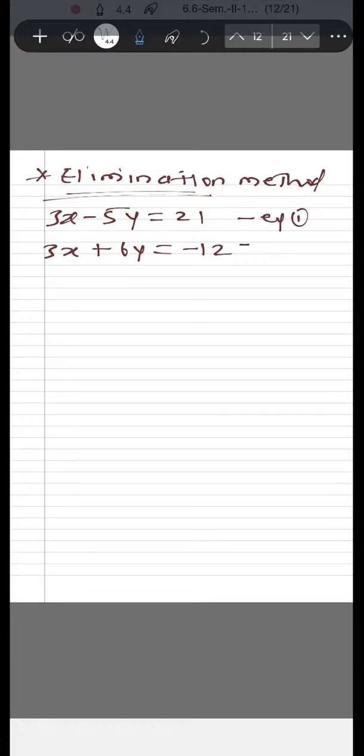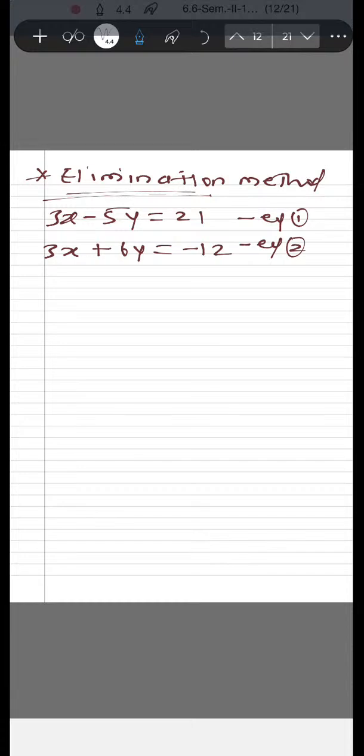So here is the pair of equations: 3x minus 5y is equal to 21, and 3x plus 6y is equal to minus 12. Equation 1 and equation 2. See students, it is elementary level mathematics. Up to 10th standard you have already solved such questions. It's not rocket science, and the terms are not new for you.